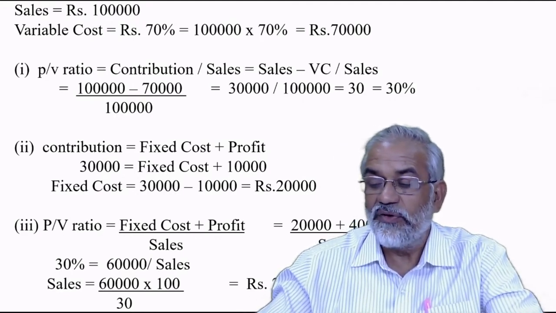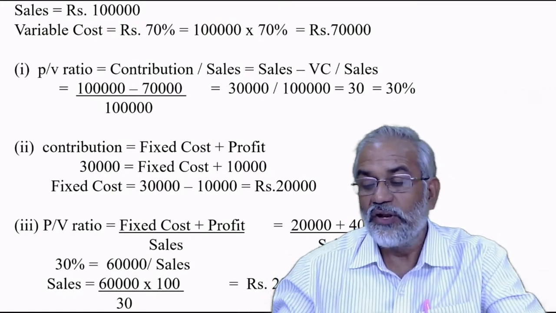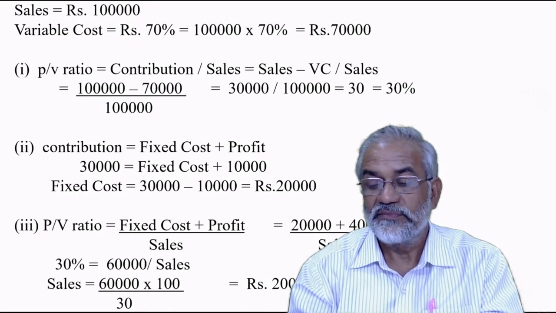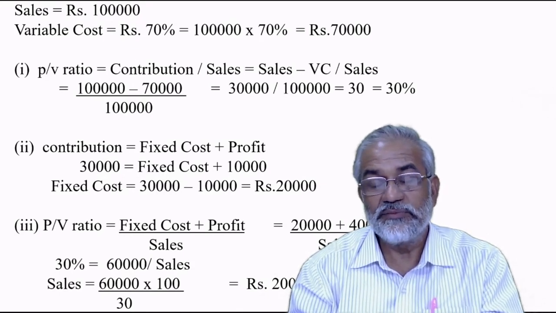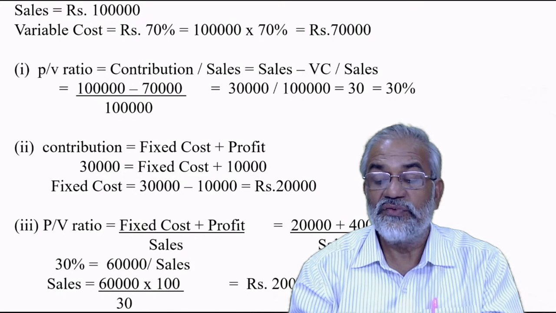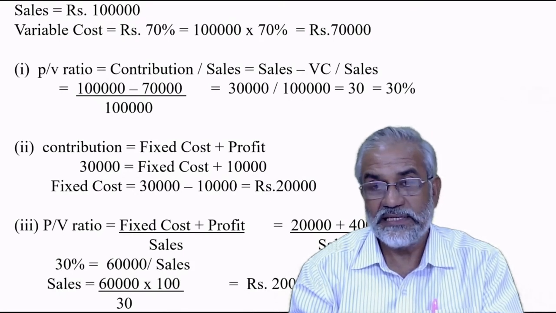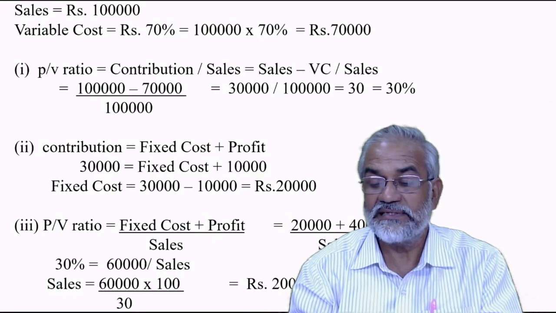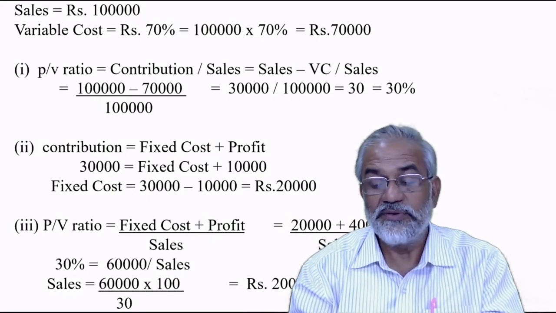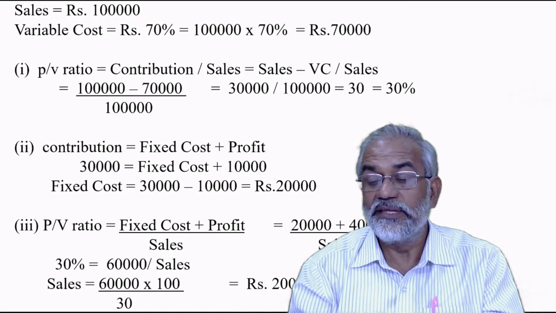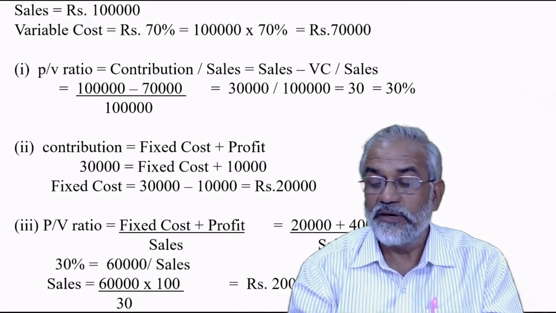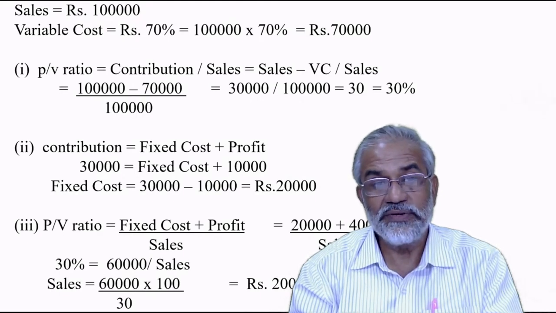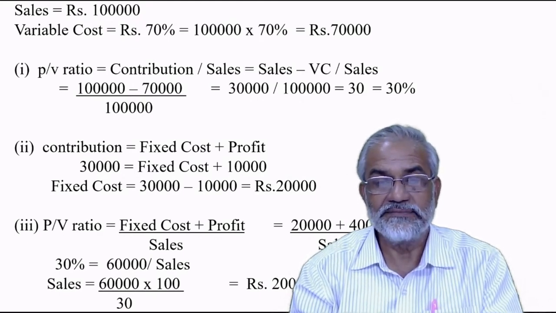That is the profit volume ratio. So what is the profit volume ratio? The profit volume ratio, or contribution to sales ratio, is calculated by contribution divided by sales, or fixed cost plus profit divided by sales, or sales minus variable cost, the whole divided by sales. The higher the PV ratio, the more will be the profit, and the lower the PV ratio, the lesser will be the profit in the hands of the organization.